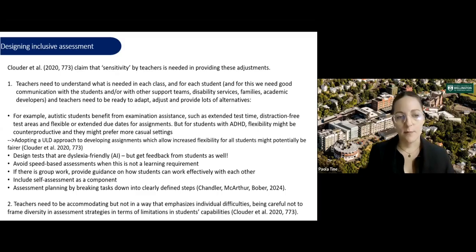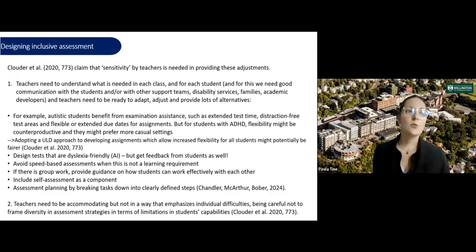We have some examples here we have made. For example, autistic students might benefit from examination assistance, such as extended test time, distraction-free test areas, and flexible or extended due dates for assignments. But this might not work for everybody. For example, students with ADHD might find flexibility to be actually counterproductive, and they might prefer more casual settings and also more specific deadlines, sometimes even very strict deadlines.